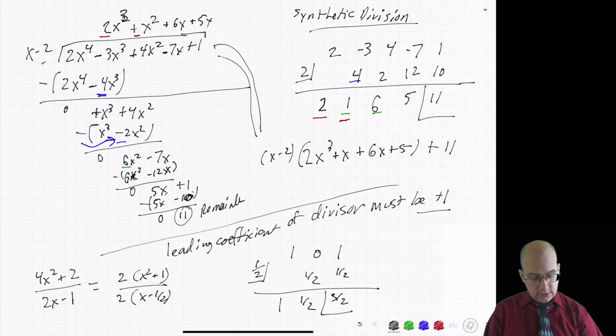And so this is saying that basically x minus 1 half times x plus 1 half plus 3 halves is equal to x squared plus 1.